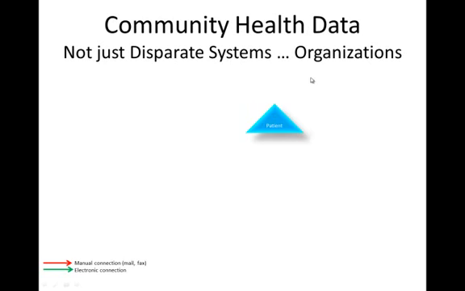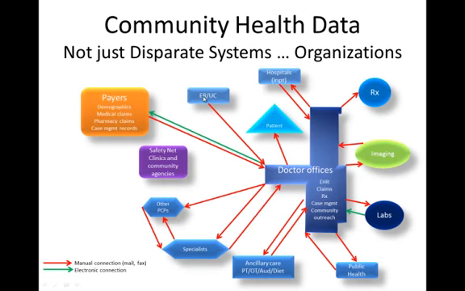We have our patient represented here, but then we see that the patient is surrounded by many organizations that have information about their care, and about the different treatments that they've been through, about the medications they've been on. So we see the title here says not just disparate systems as within a single healthcare organization, but also disparate organizations.